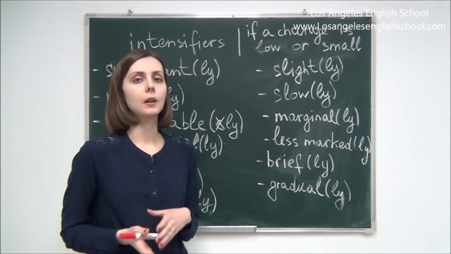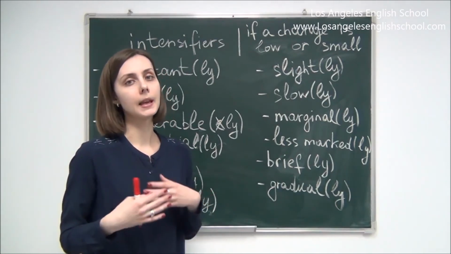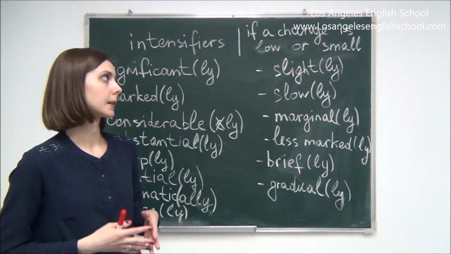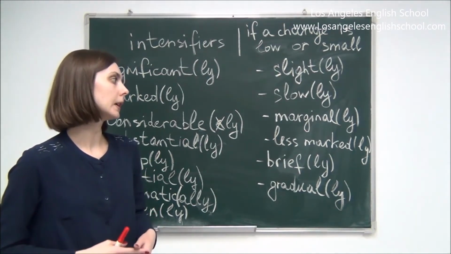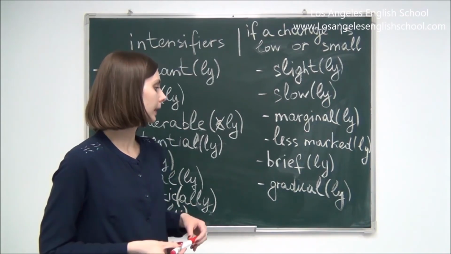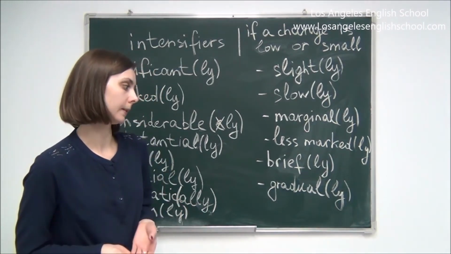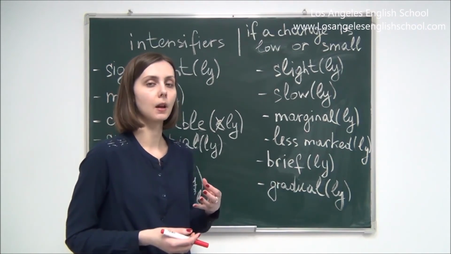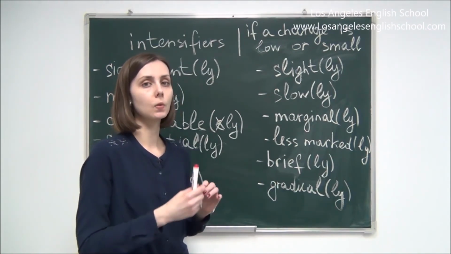And you can use a verb plus the adverb. You may use such adverbs as slightly, slowly, marginally, less markedly, briefly, and gradually. So gradually you can use if this change was not so quick.